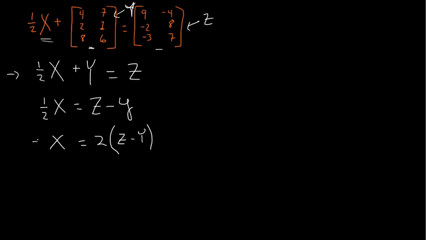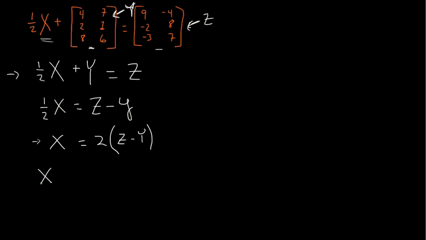Now we have one variable, and we can solve this because we know what z and y are. And now we plug them back in and solve it. So let's keep going here.